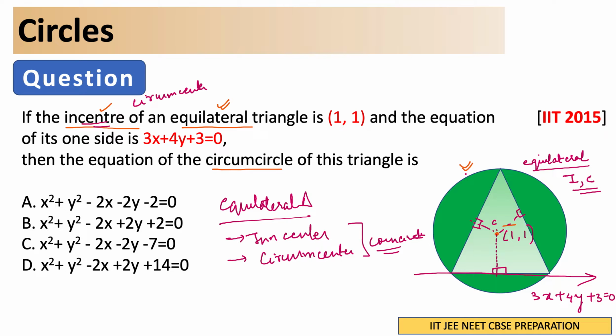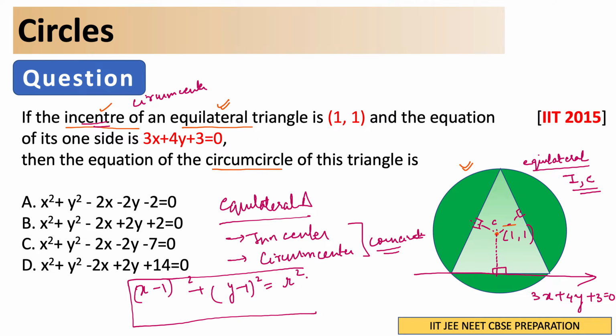Since we have the center, we can use (x - 1)^2 + (y - 1)^2 = r^2, right? This is the equation of the circle. The center we know is (1, 1), but what about this r? This you will have to find out.